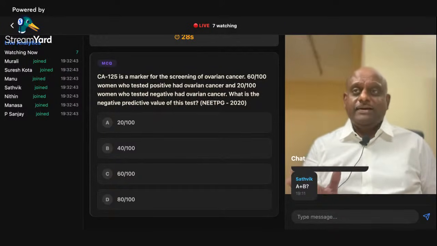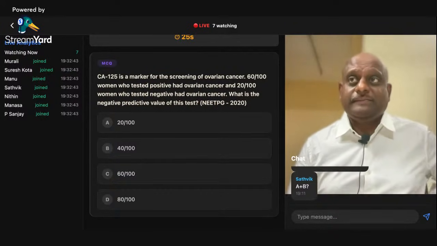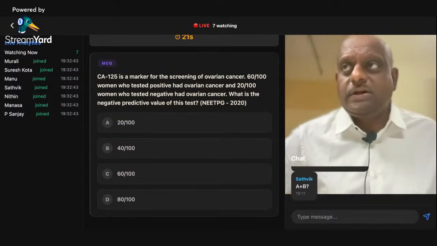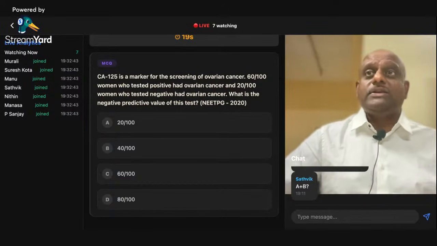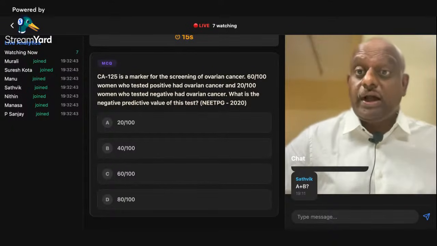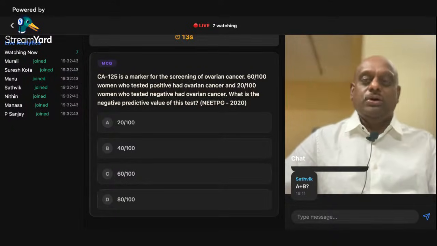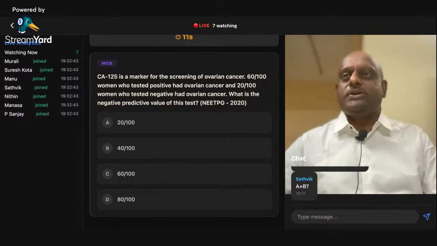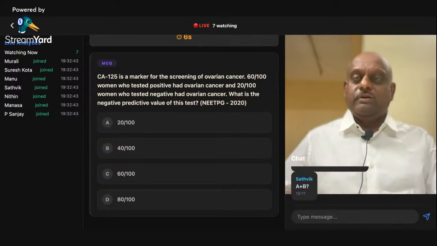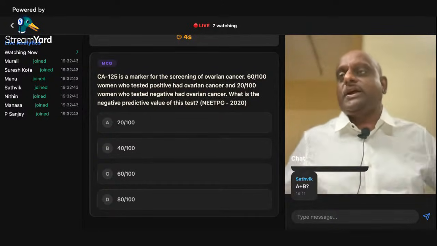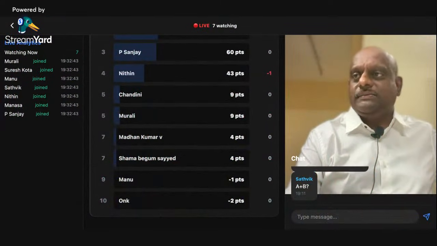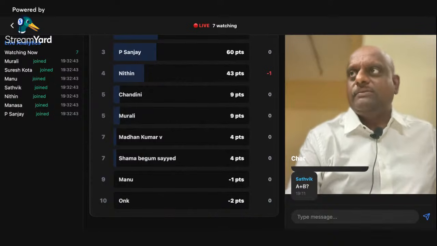Now, CA125 is a marker for screening of ovarian cancer. So, let us say 60 by 100 tested positive and they have ovarian cancer. 20 by 100 tested negative, also had ovarian cancer. So you should know true negatives, true positives, false positives, and calculate the negative predictive value of the test. So let us see how many answered correctly. Good. Satvik correctly answered as 80 by 100.